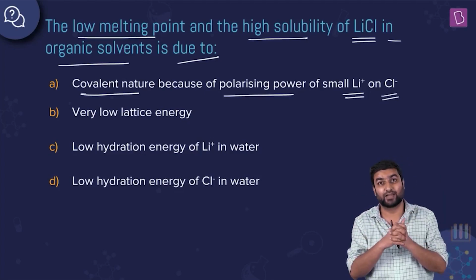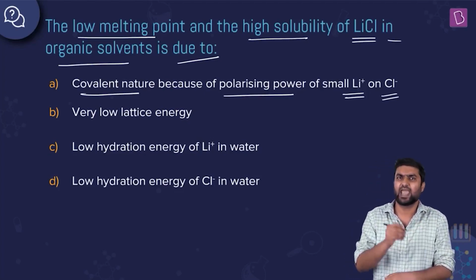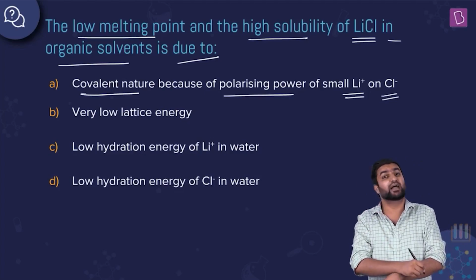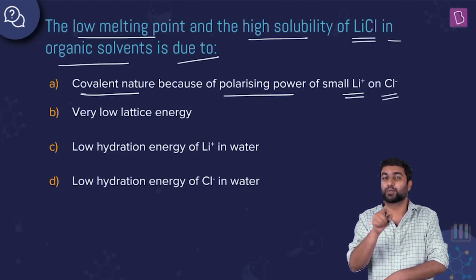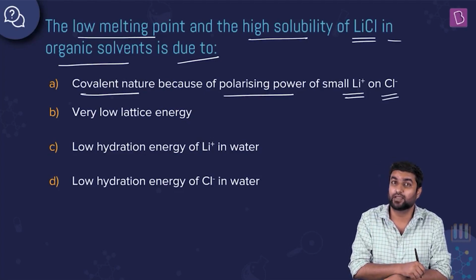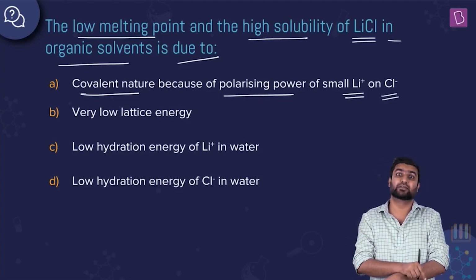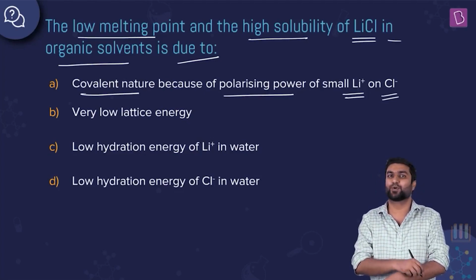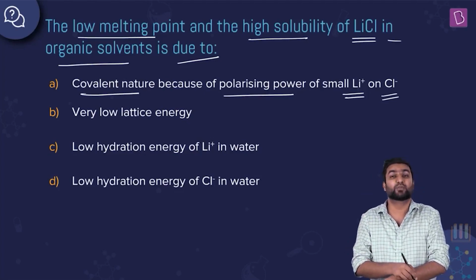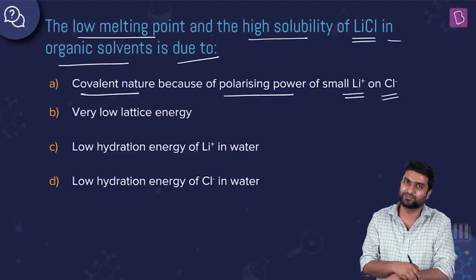That region is called an overlap, hence a covalent character and a decrease in the ionic character. Because of its ionic character, it was readily soluble in polar solvents. With a decrease in ionic character and an increase in covalent character, solubility in polar solvents decreases and solubility in organic solvents increases. And that is what we have.